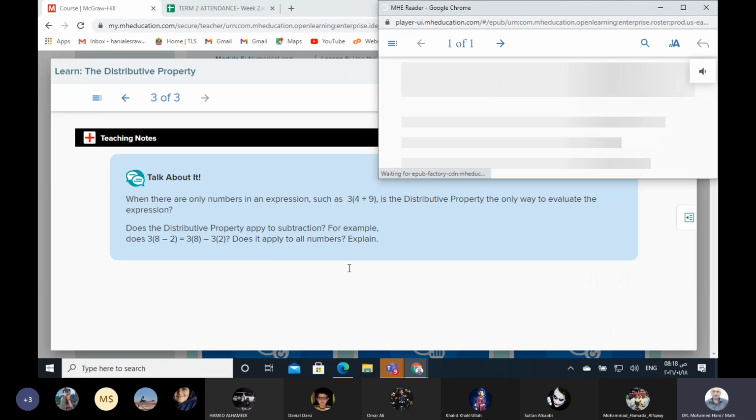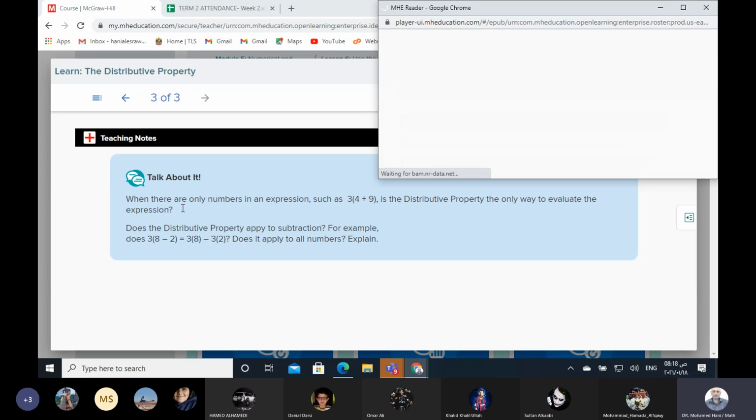Okay, we have critical thinking here. When there are only numbers in the expressions, such as 3 multiplied by parentheses 4 plus 9, is the distributive property the only way to evaluate the expression?